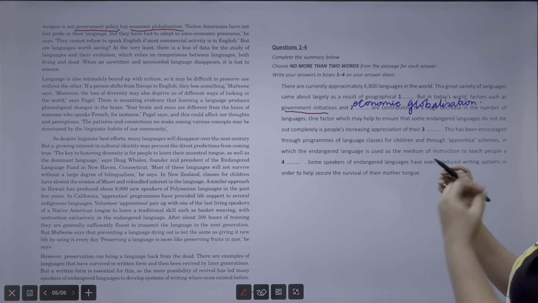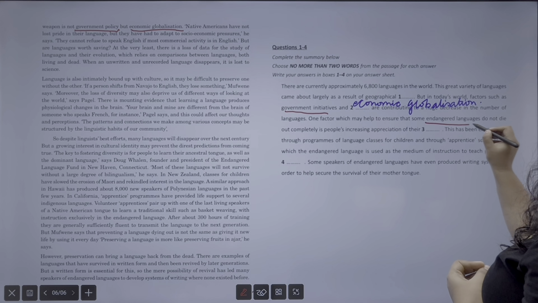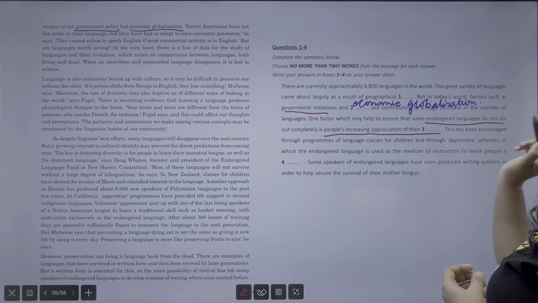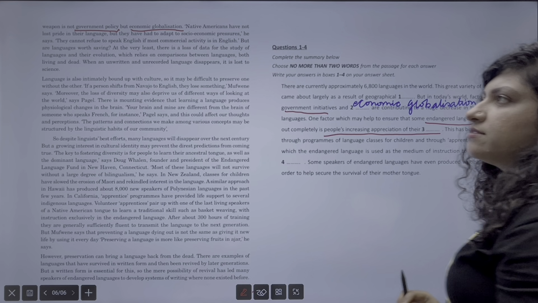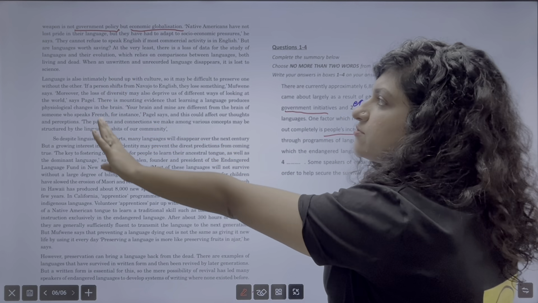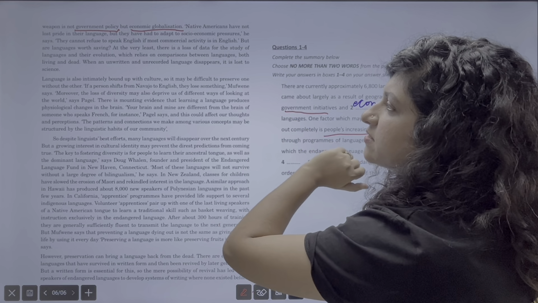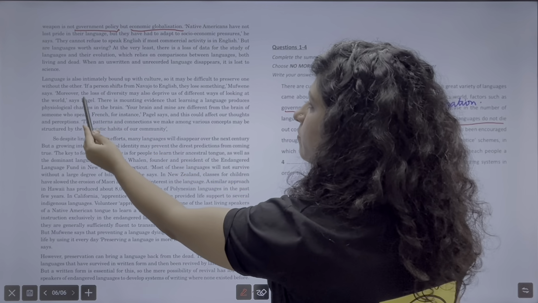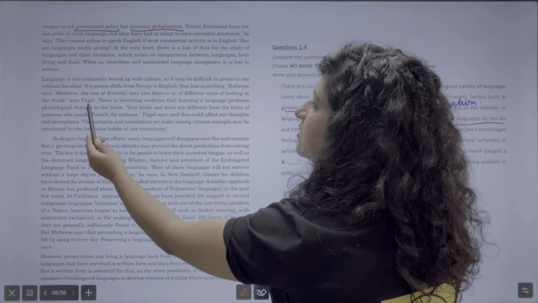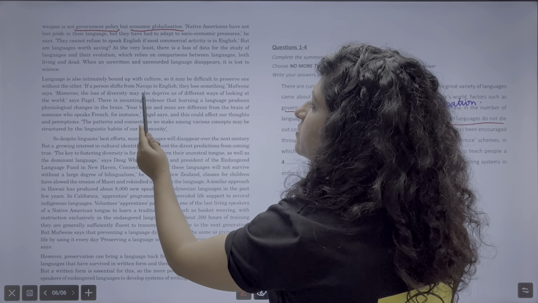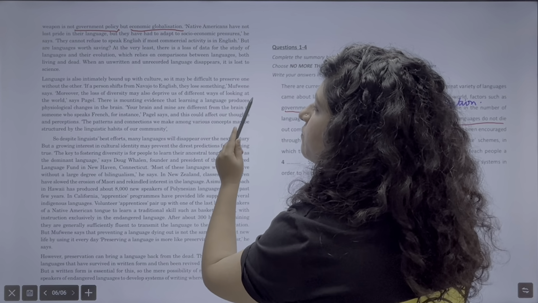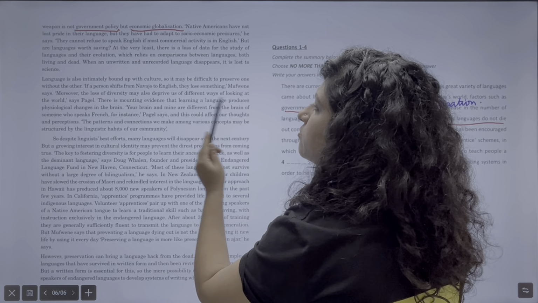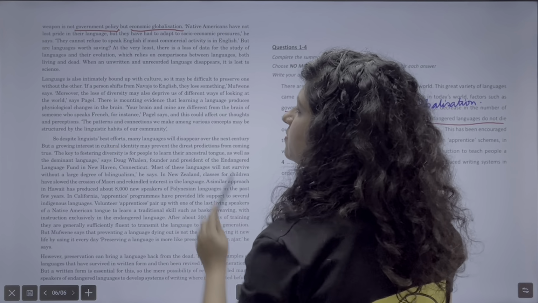So again, focus on the keywords. Endangered languages do not die. People's increasing appreciation of their, right? Focus on these keywords, try to search them within the text. Now, the text says, the loss of diversity may also deprive us of different ways of looking at the world. There is mounting evidence that learning a language produces physiological changes in the brain.